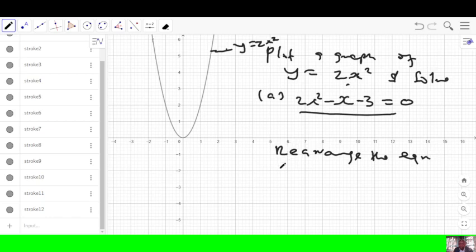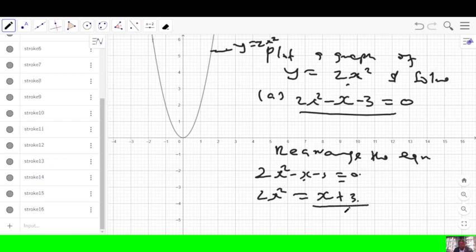We have 2x squared minus x minus 3 equals 0, meaning that if I arrange it to fit the original form, 2x squared is the same as, if this crosses the equal sign, becomes positive, x plus 3. Now, it is from this point that you need to plot a graph of x plus 3 on this original graph of y equals 2x squared.